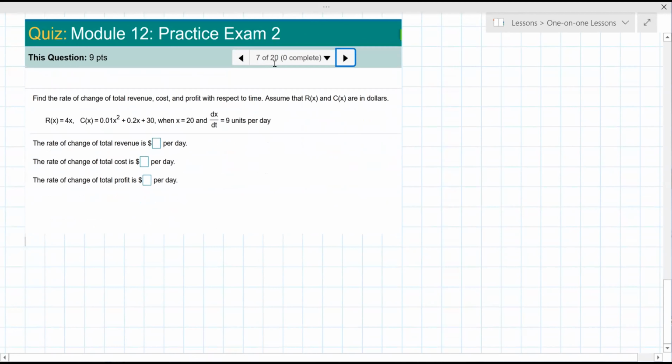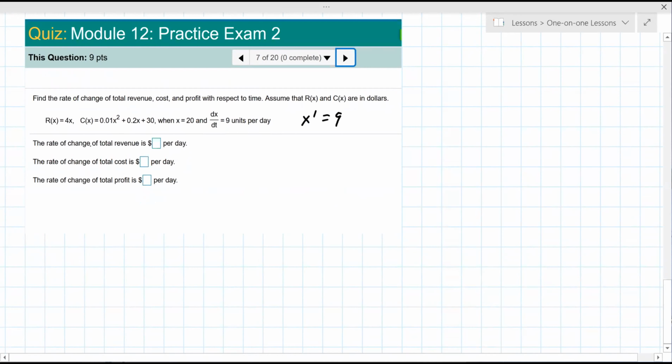Okay, all right, so a lot of things going on here. They're giving you a revenue function, they're giving you a cost function, and they're telling you dx dt means x prime equals 9. So normally we don't have to account for that, but we do in this problem.